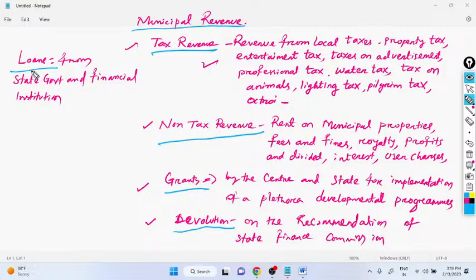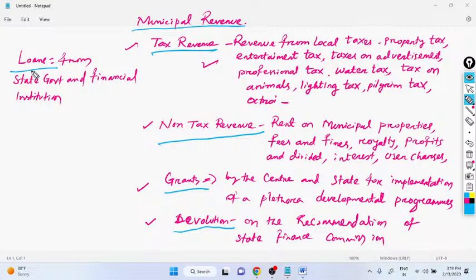With regards to grants, they depend solely on the grants of the center and devolution by the State Finance Commission. Hence, they depend mostly upon the state government grants and the central government grants for implementation of developmental policies and also for the recommendation of the State Finance Commission.